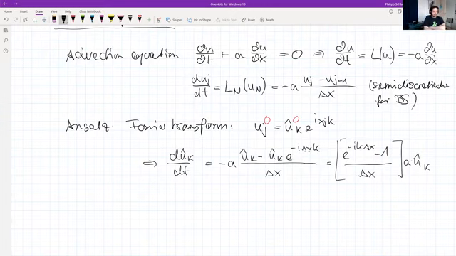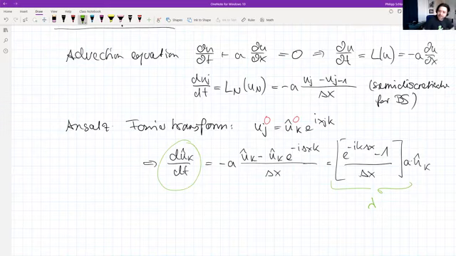Yeah, but now that's exactly the point where I wanted to go. Now we're in the situation that we have du hat k dt is essentially lambda, one value, times u hat of k.